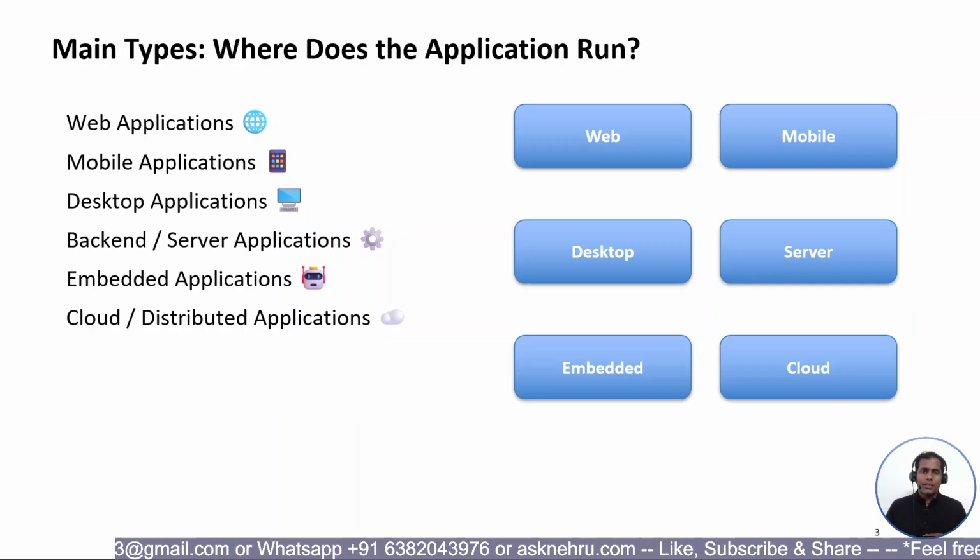In short, when you open a browser and something is running inside the browser, that is called a web application. When you open a phone, you see many applications; they are called mobile applications. If you open a laptop and see any native applications, that is called desktop applications.